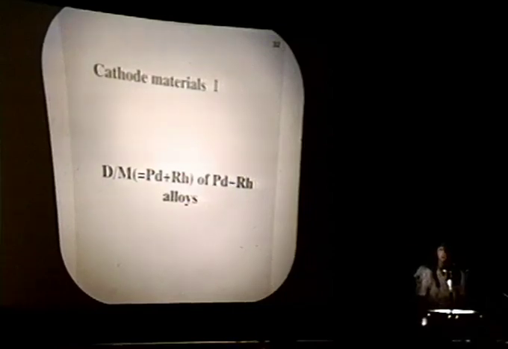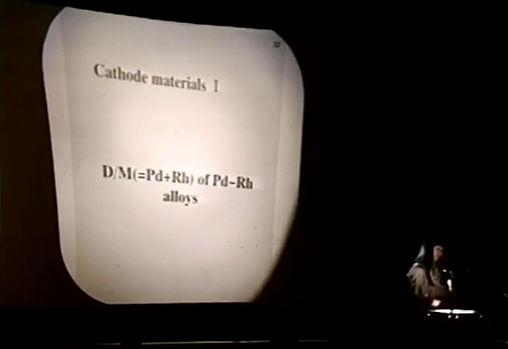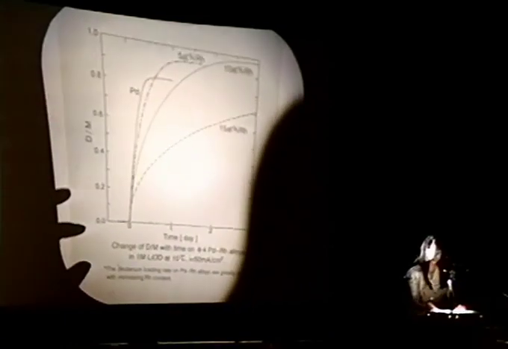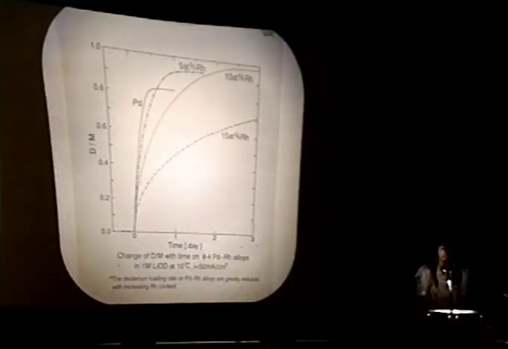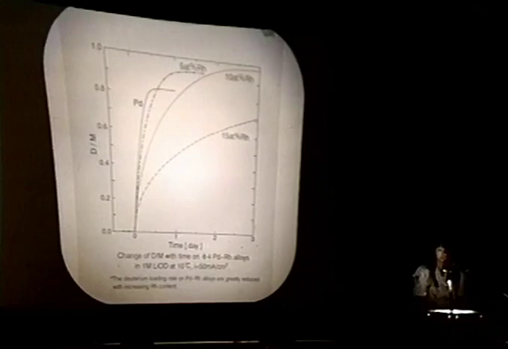Next, I'd like to talk about cathode materials. First, D over Pd on palladium-rhodium alloys. This figure shows change of D over Pd with time on palladium-rhodium alloys in 1 molar LiOD at 10 degrees centigrade, and current density is 50 milliamperes per square centimeter.